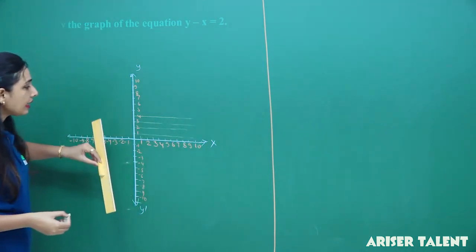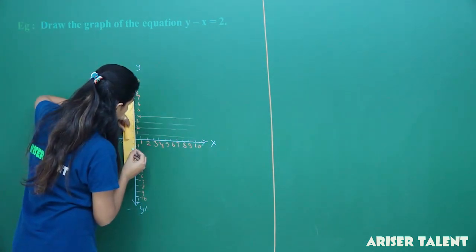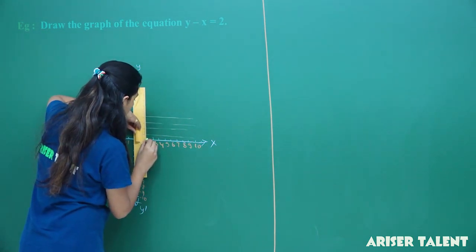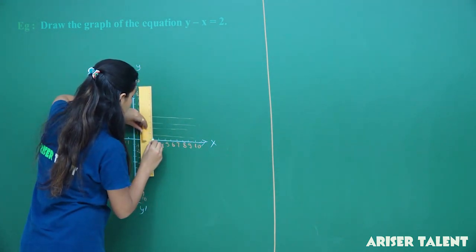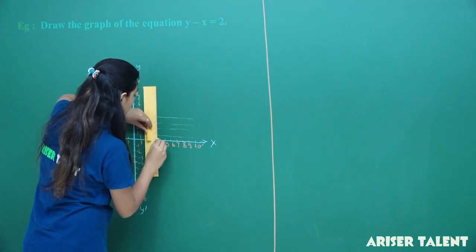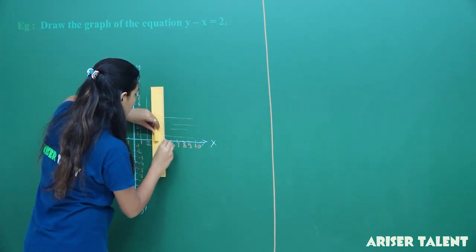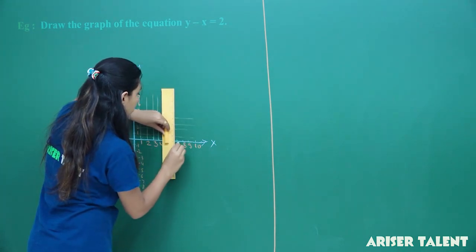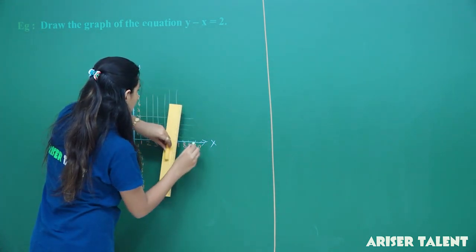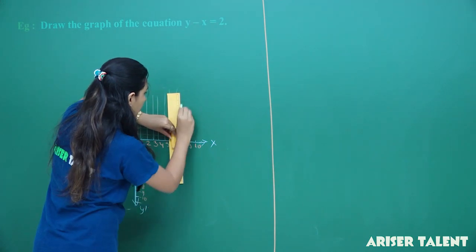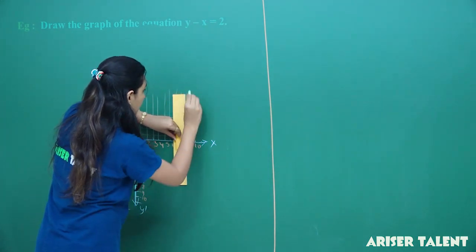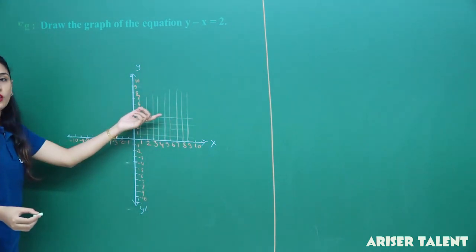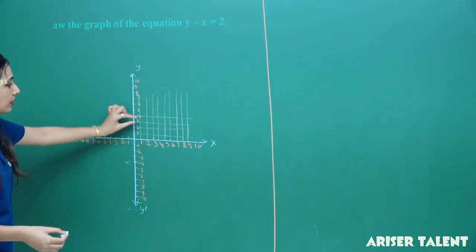These are the horizontal lines and these are the vertical lines you're having in your graph paper, right? And these are perfectly perpendicular to each other, right? And parallel in x direction and y direction and perpendicular to each other. Okay, so this type of thing you're getting in all your graph books.